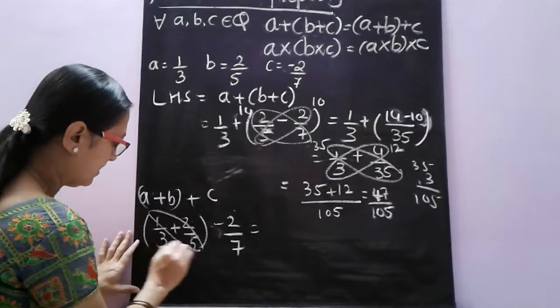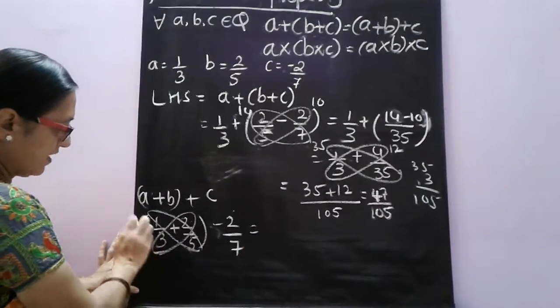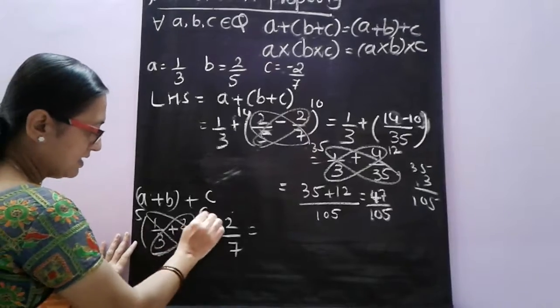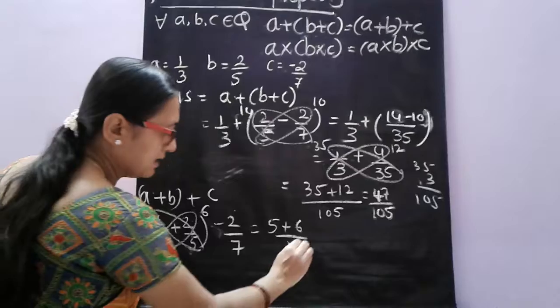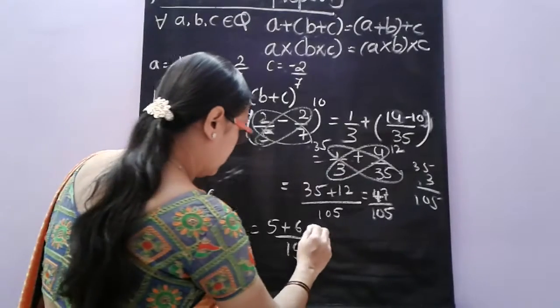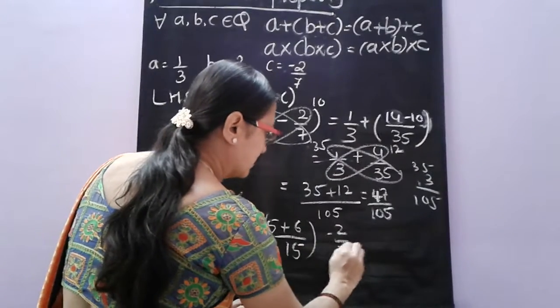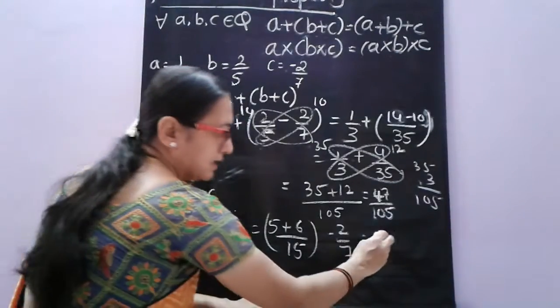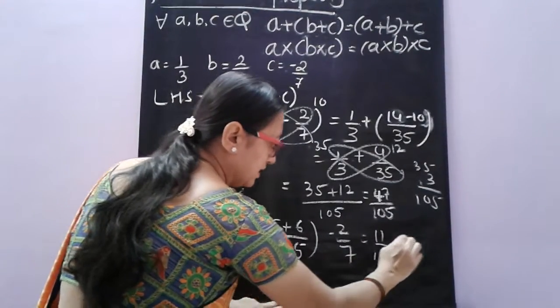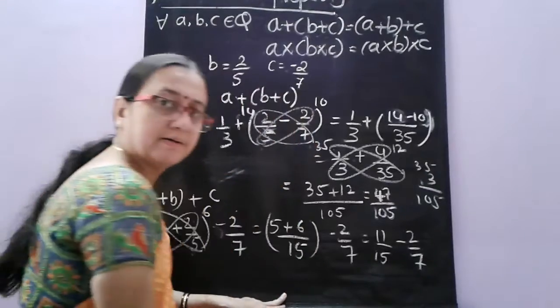Again butterfly, 5 1s are 5, 3 2s are 6. 5 plus 6 by 3 5s are 15. Minus 2 by 7 as it is. 5 plus 6, 11 by 15 minus 2 by 7.